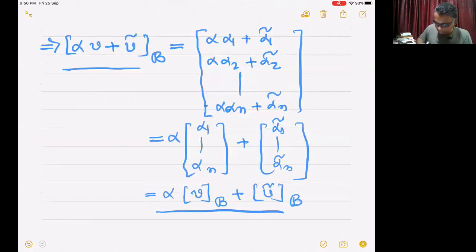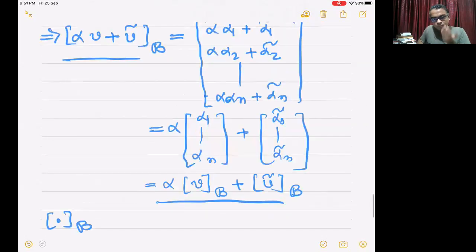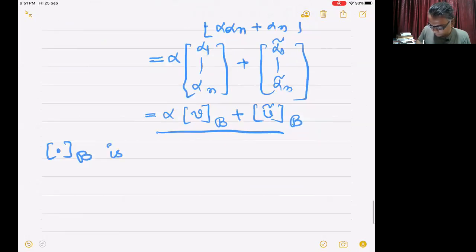So this map satisfies the linearity property. This means this map is linear.